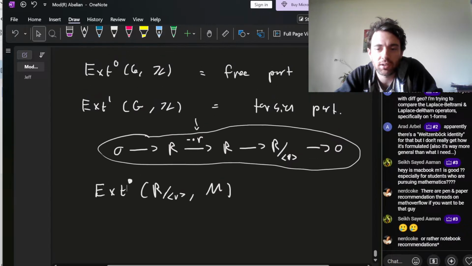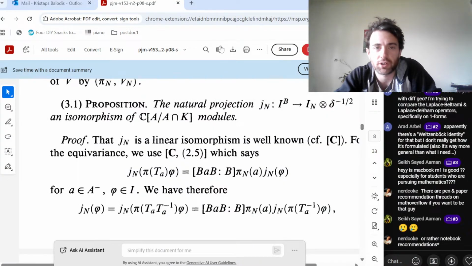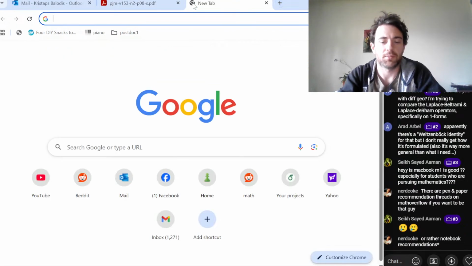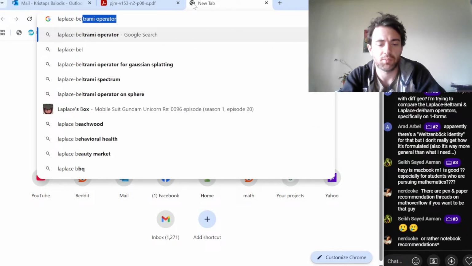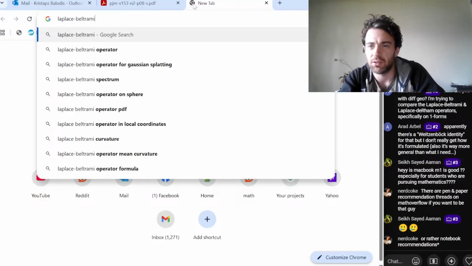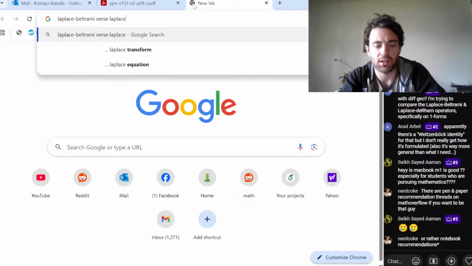Okay, so we did X. Let's look at this Laplace-Beltrami stuff. Laplace-Beltrami versus Laplace de Rham.